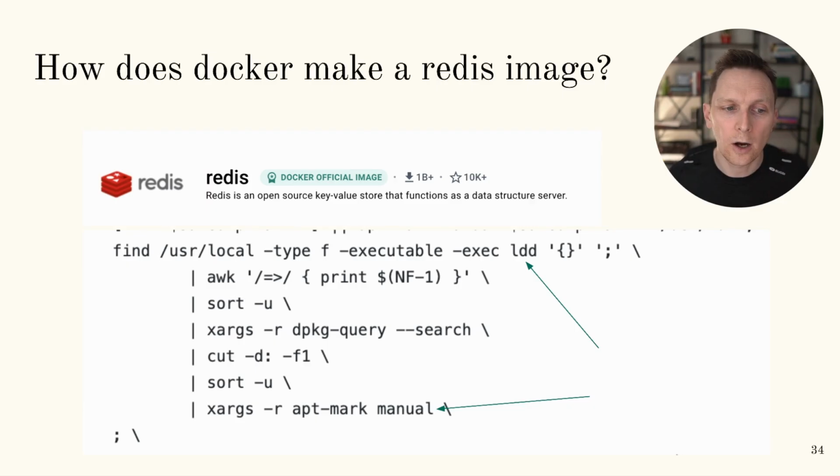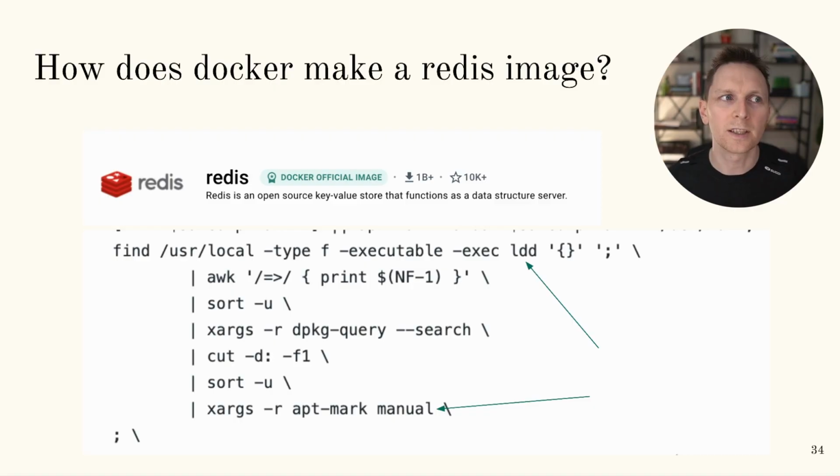In fact, if you look at how this Dockerfile is built, you'll see this giant find command, which contains ldd and also has this apt-mark manual. If you read through the whole Dockerfile, you can see the way the Redis image is built is you start with an Alpine container and then start installing all these dependencies so that when you start up Redis, it will find things in the right places.